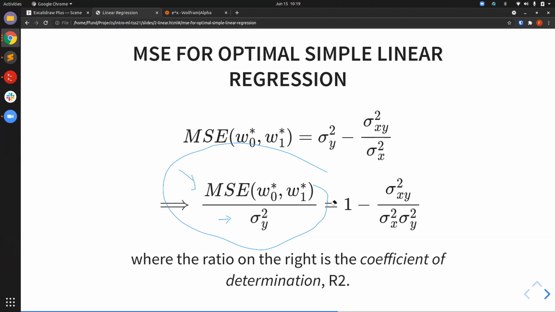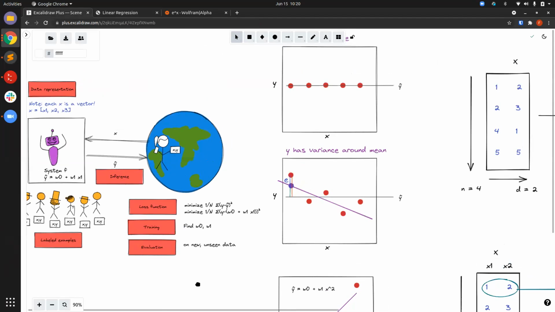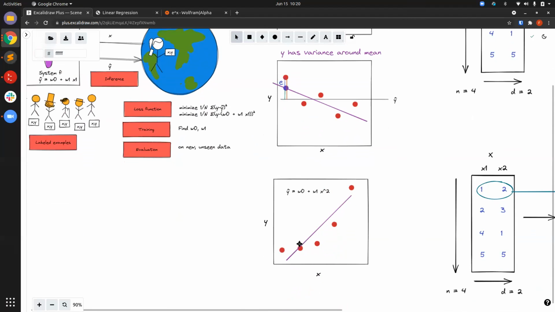Michael says no, why not? What would it mean if the ratio was greater than 1? Let's go back to our examples. So we had some, let's take this one.